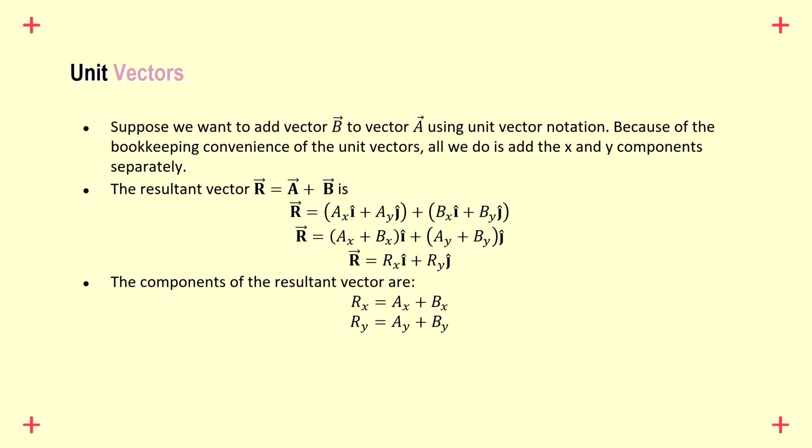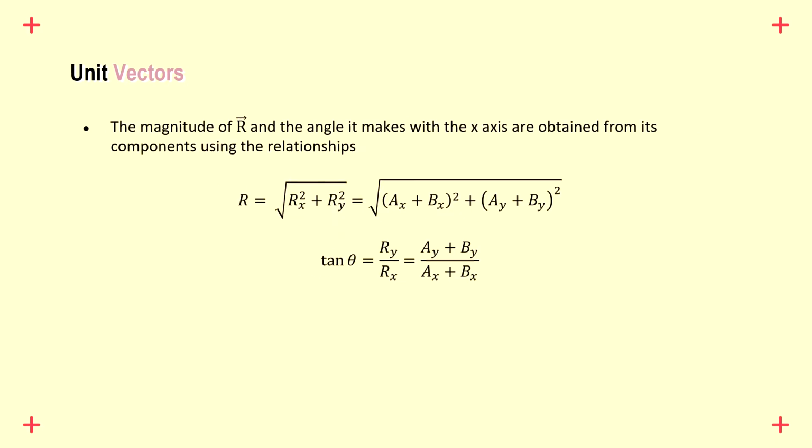The magnitude of r and the angle it makes with the x-axis are obtained from its components using the relationships r equals the square root of rx squared plus ry squared, which is equal to the square root of (ax plus bx) squared plus (ay plus by) squared. So this is how we convert the rectangular notation or the unit vector notation to polar notation. The angle can be obtained from tangent theta, which is equal to ry over rx, which is equal to (ay plus by) over (ax plus bx).